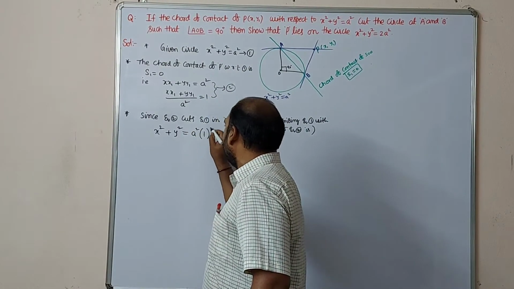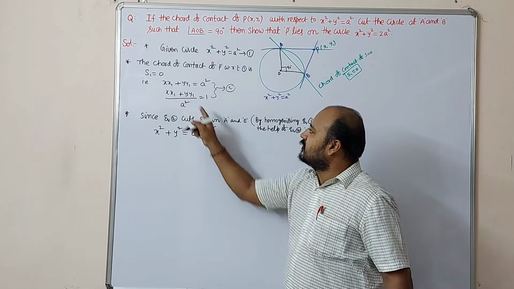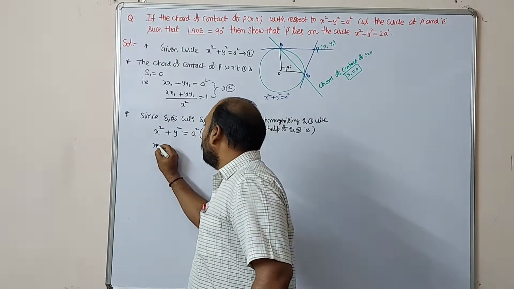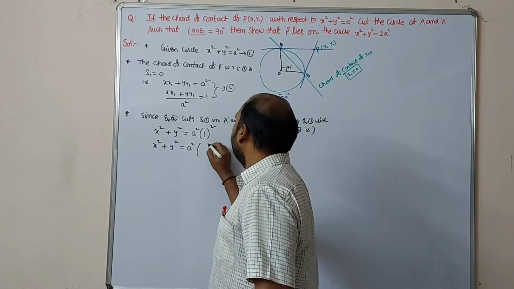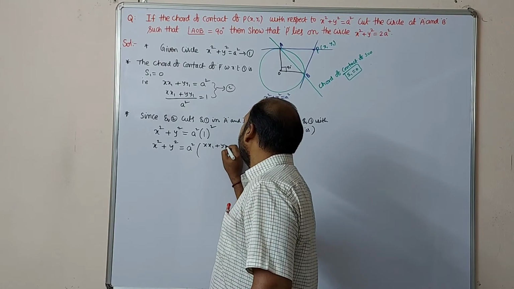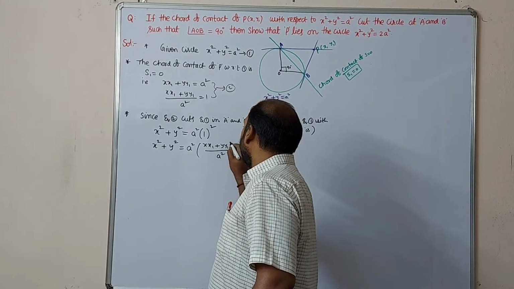This is the constant, into 1 square. In place of 1, substitute this value. So x square plus y square is equal to a square into xx1 plus yy1 by a square whole square.